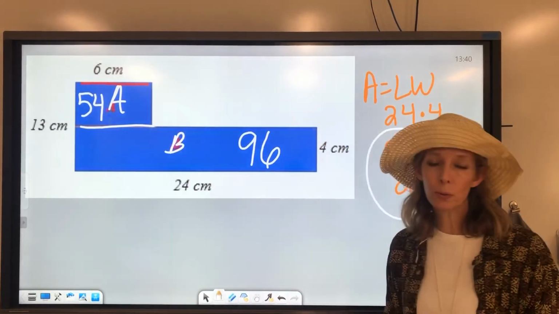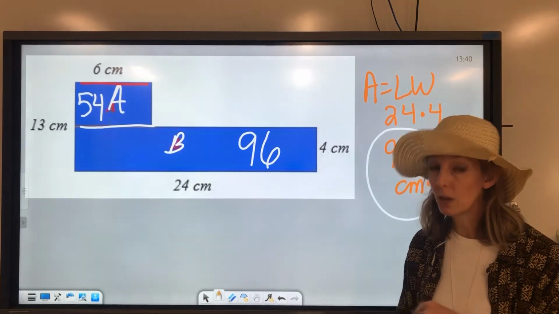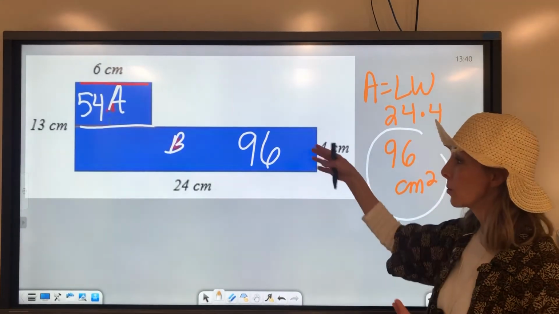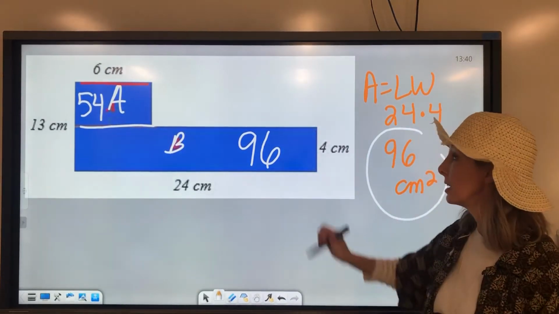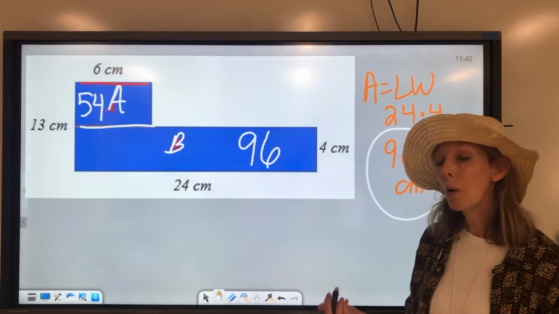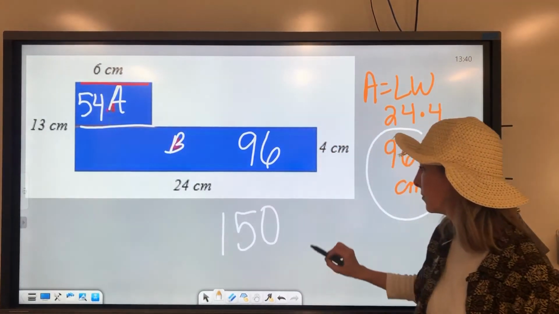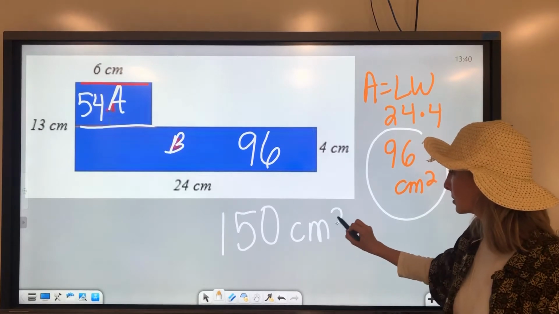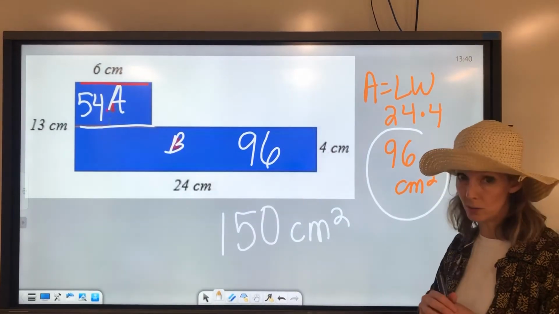What do you suppose we're going to do with those two numbers? Remember with the shaded figures, we had to subtract. With the compound or the composite, we're going to combine. So we're combining the 96 and the 54. When we add those up, we get 150 centimeters squared, because it's the small rectangle's area plus the large rectangle's area.